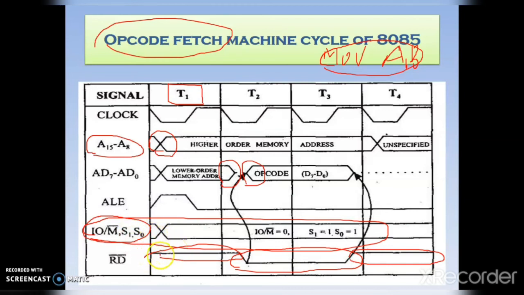The RD signal is high during this state. In the T2 state, the higher order address bus remains active, the address bus disappears and the data bus takes its place, the ALE signal goes low, that is, it deactivates, and the status signal remains active. The RD signal is active because it is active low.